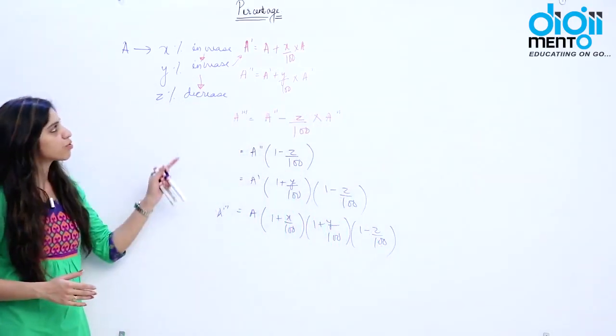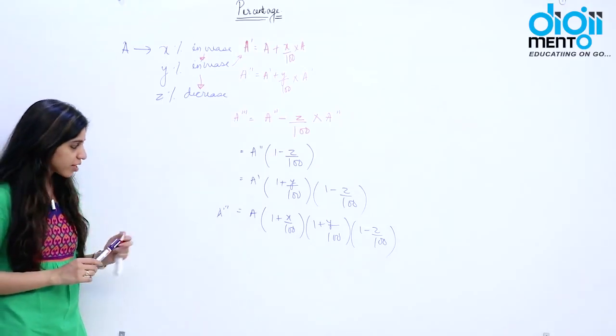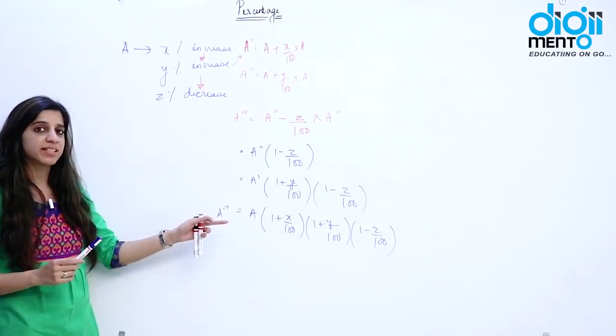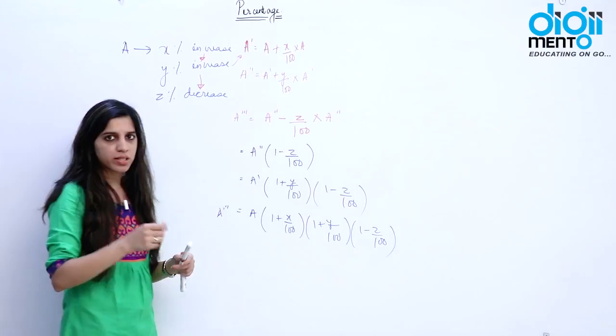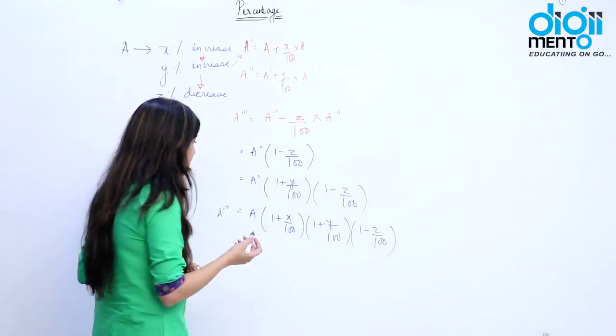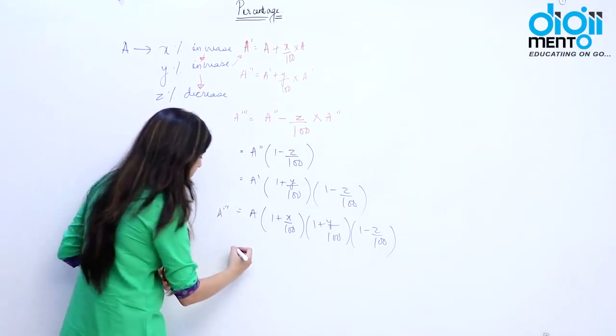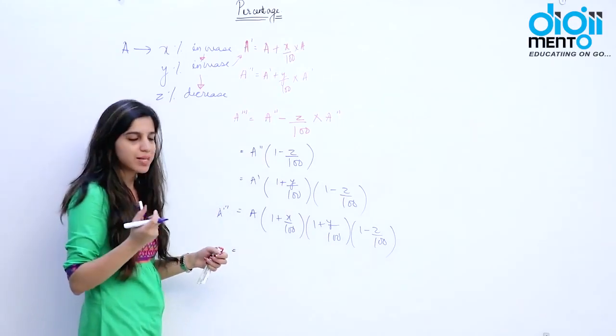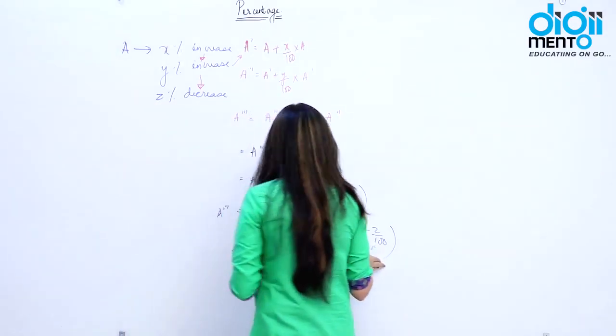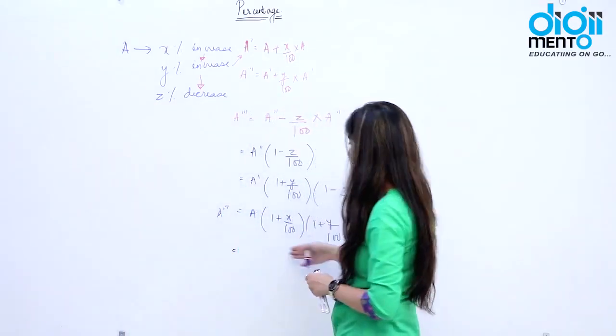So this is how you are going to solve problems like this. Now suppose I ask, what is the percentage change in A? What you need to do is, this is actually the percentage change in A, right. This is what has changed.